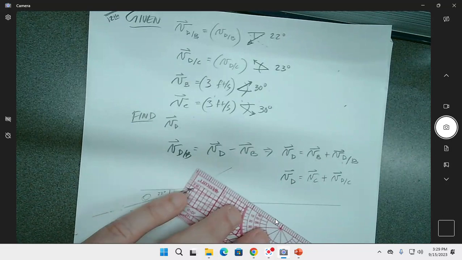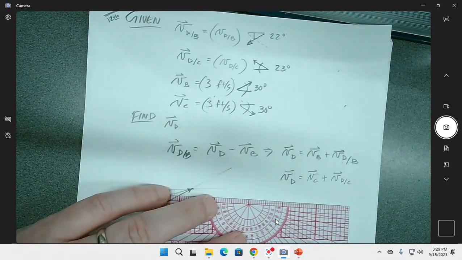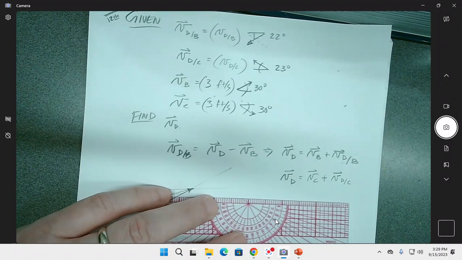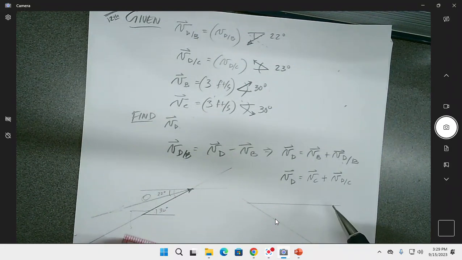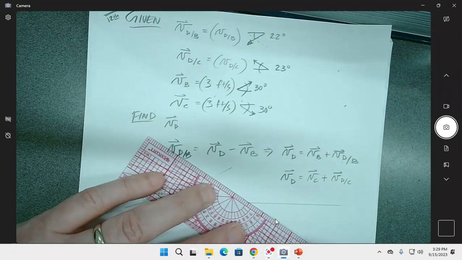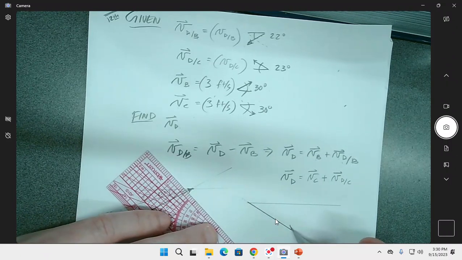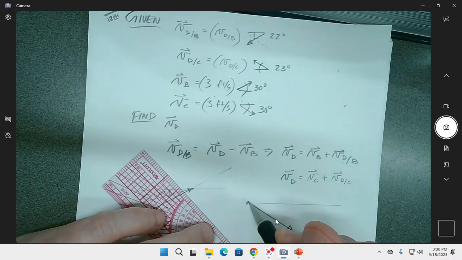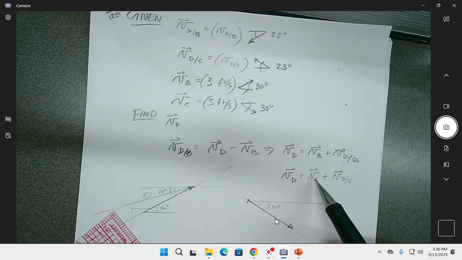I don't think I did that right. Oh, I guess I did. Didn't look like 30 to me. All right. And we know that that's going 3. So here's our 30 degrees right here, and then we're going to add C to it.